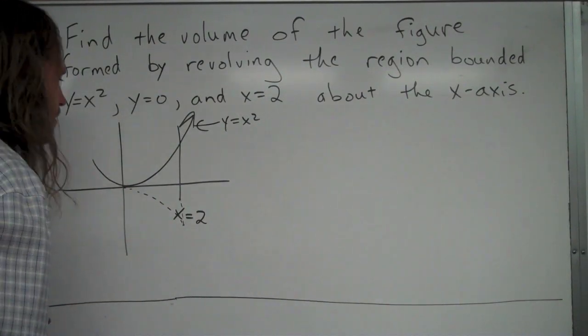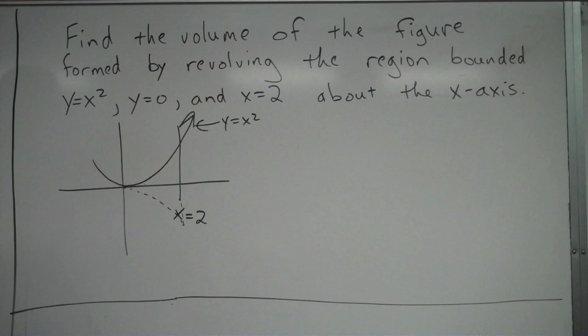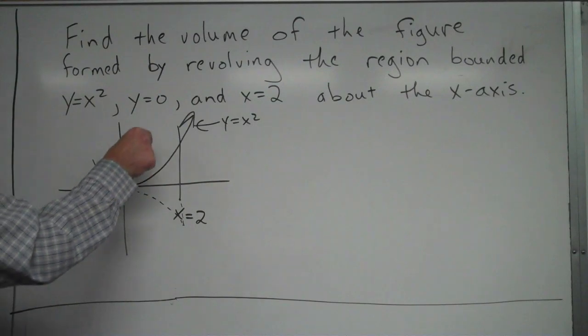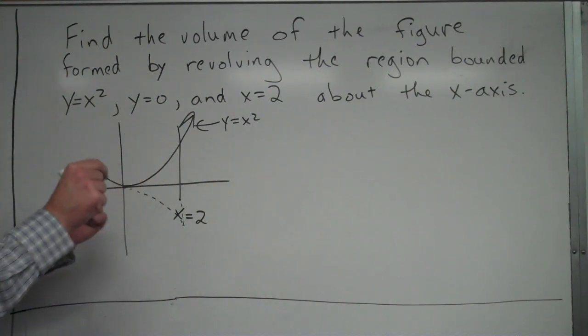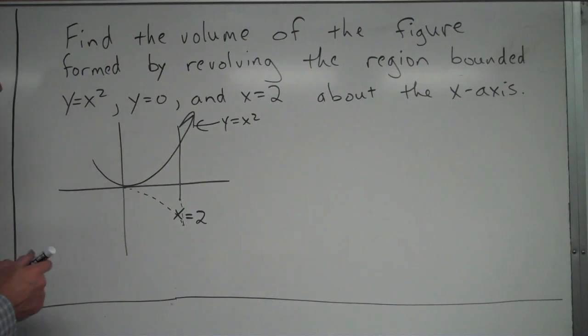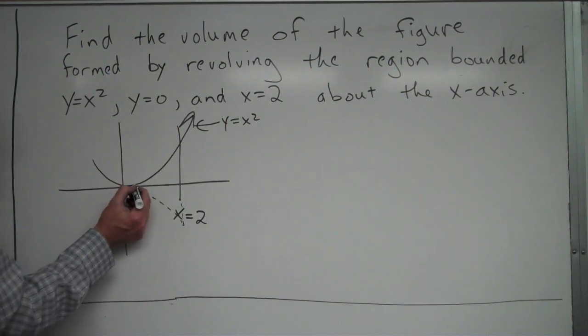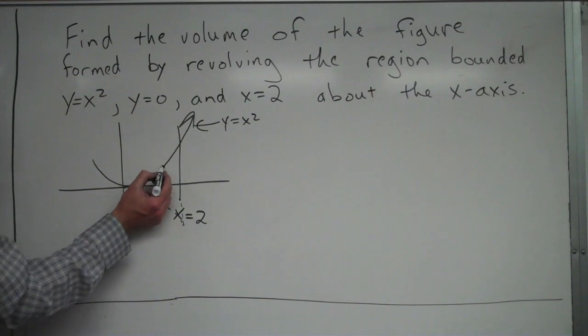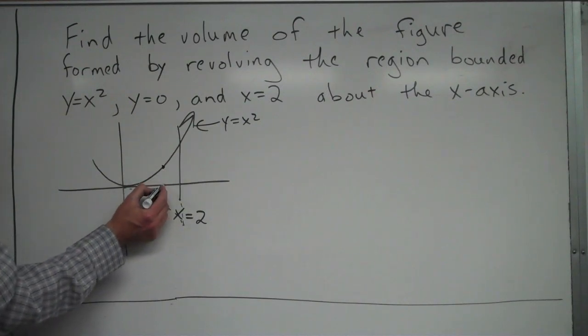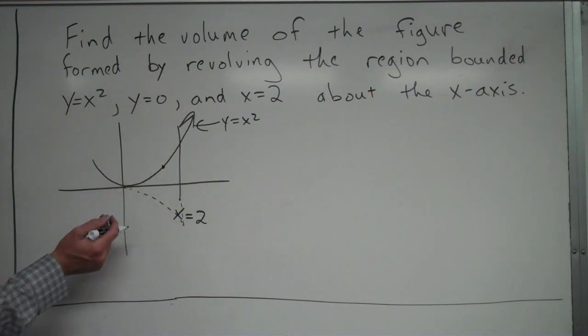And what I want us to think about is, what would the cross-sections of this region be? What I mean by a cross-section is, if we were to take a slice out of this and pull it out from here and look at it, what would that cross-section look like? The idea you have to keep in mind is, at any point along this line, let's just pick this point right here, for instance, that is a certain distance away from the x-axis, which happens to be the line of rotation here.